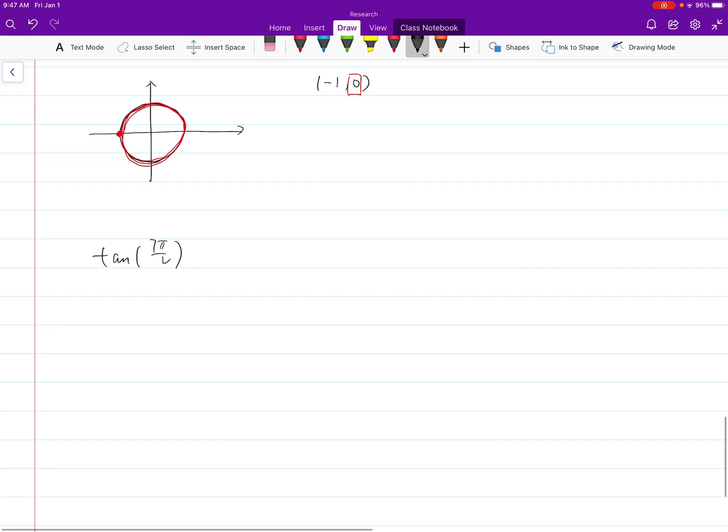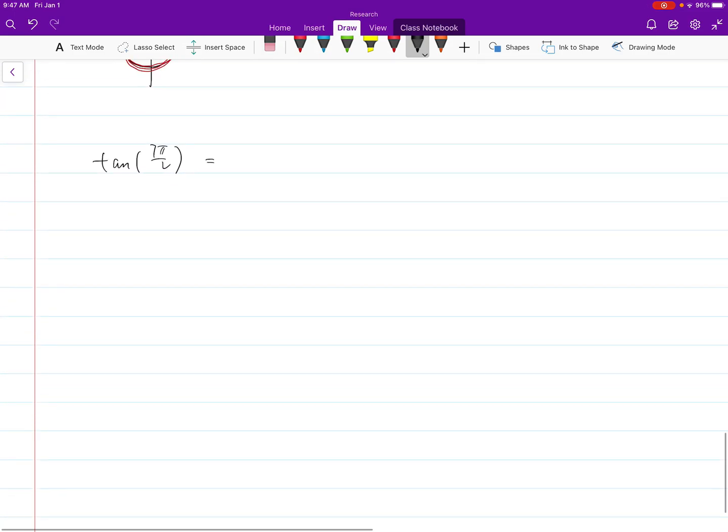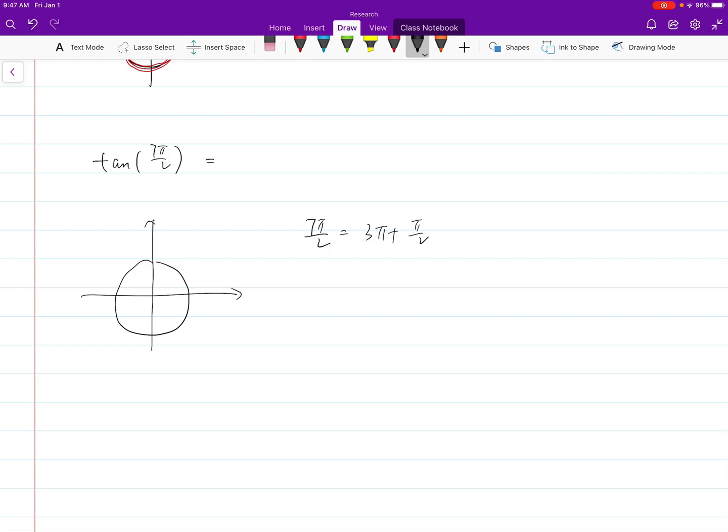Okay, tangent of 7 pi over 2. If you think about it, it's going to be 3 pi, which is 6 pi over 2, plus another pi over 2. So first, let's go pi, 2 pi, 3 pi, and another pi over 2. This is where it is.